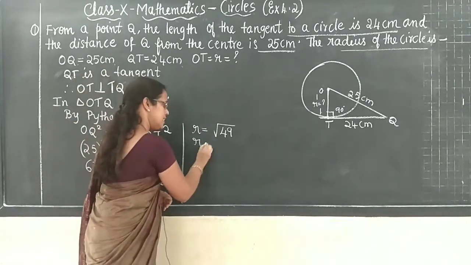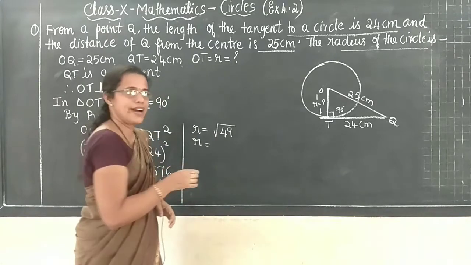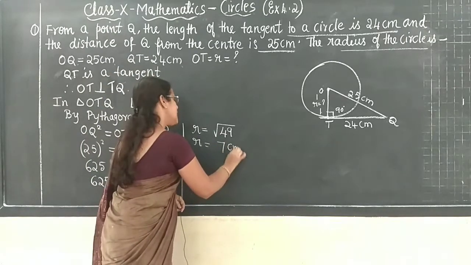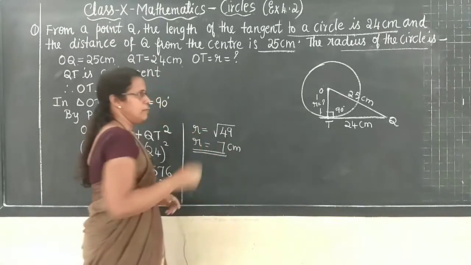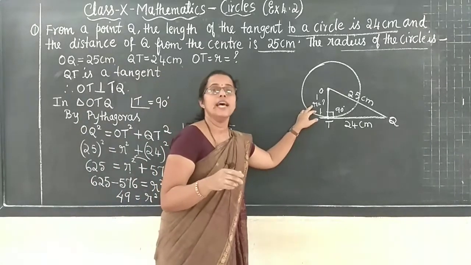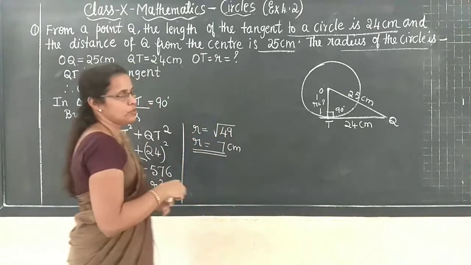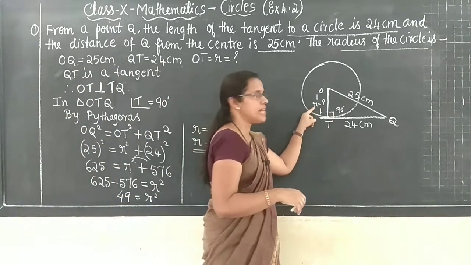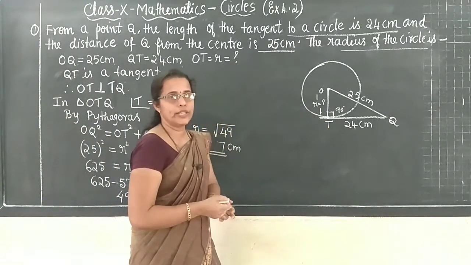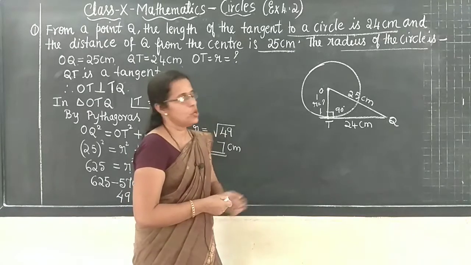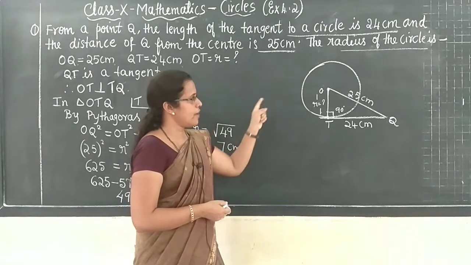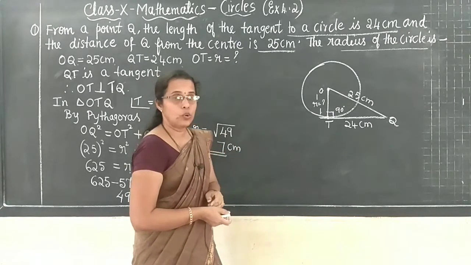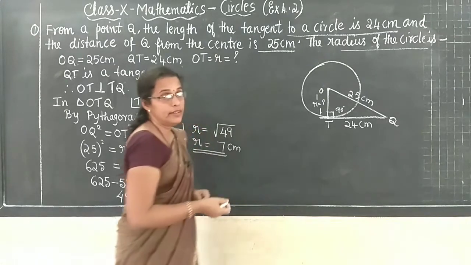Square root of 49 is how much? 7. So what is the answer? 7 centimeter. So the radius is 7 centimeter. So 25, 24 and 7 form a Pythagorean triplet.